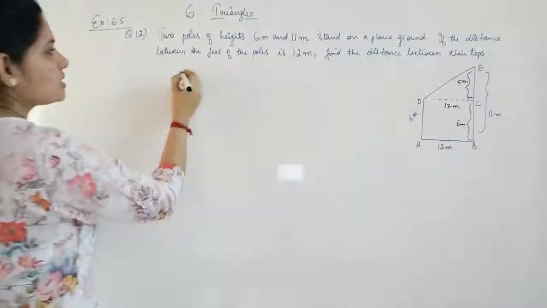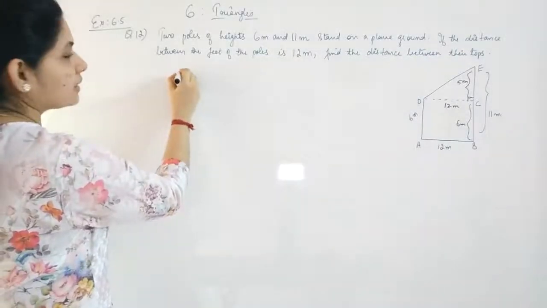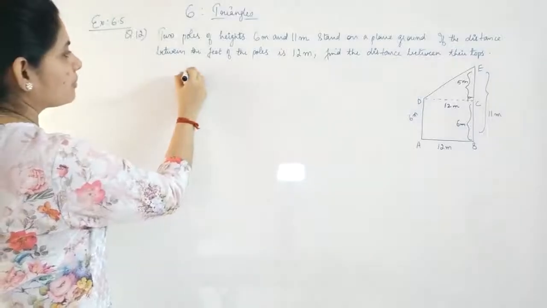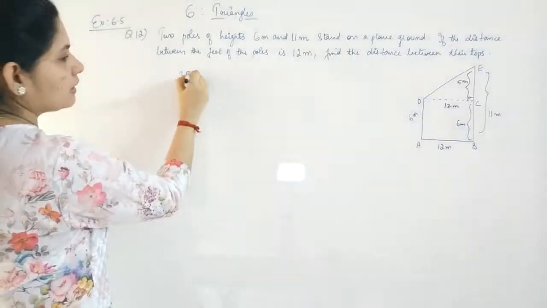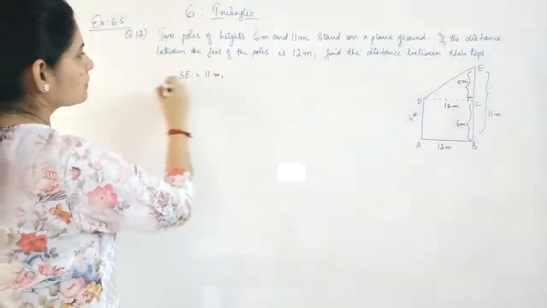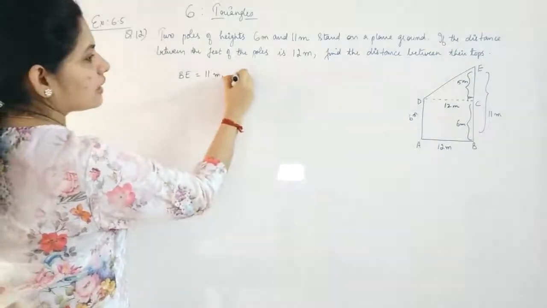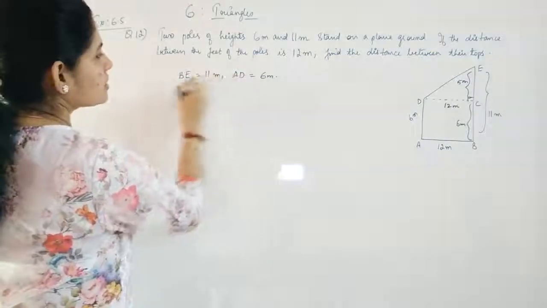Okay, so from the figure BE is given to be 11 meter and AD is given to be 6 meter.